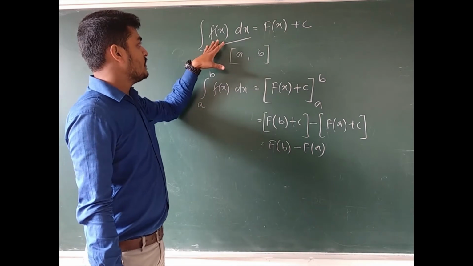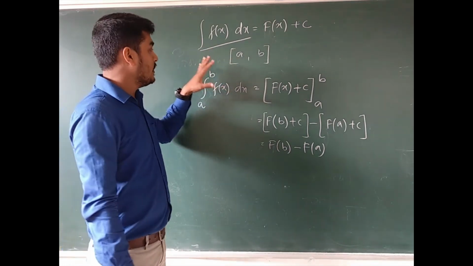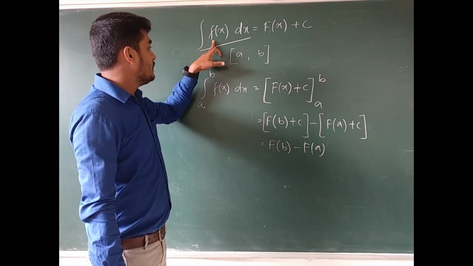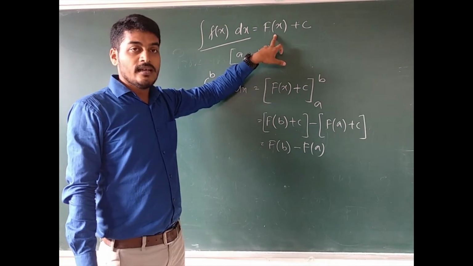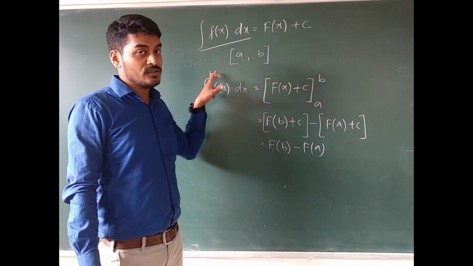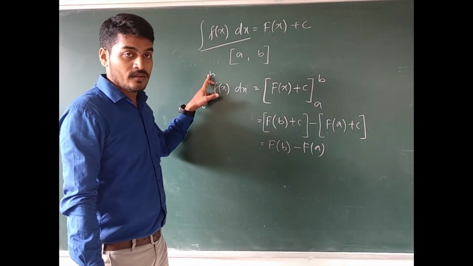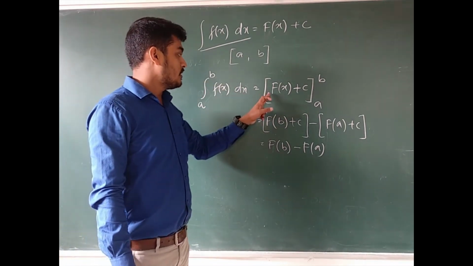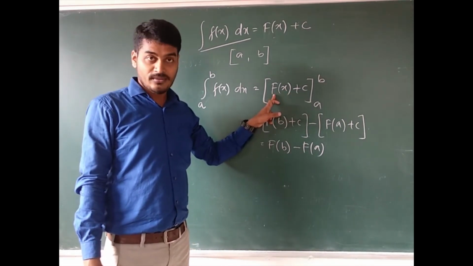So listen, definite integral means what? Let us consider a function f which is defined in a closed interval a comma b. If the antiderivative of f of x is capital F of x, then the definite integral of the function is defined as the definite integral from a to b, which is equal to the indefinite form of the integration value, capital F of x plus c.